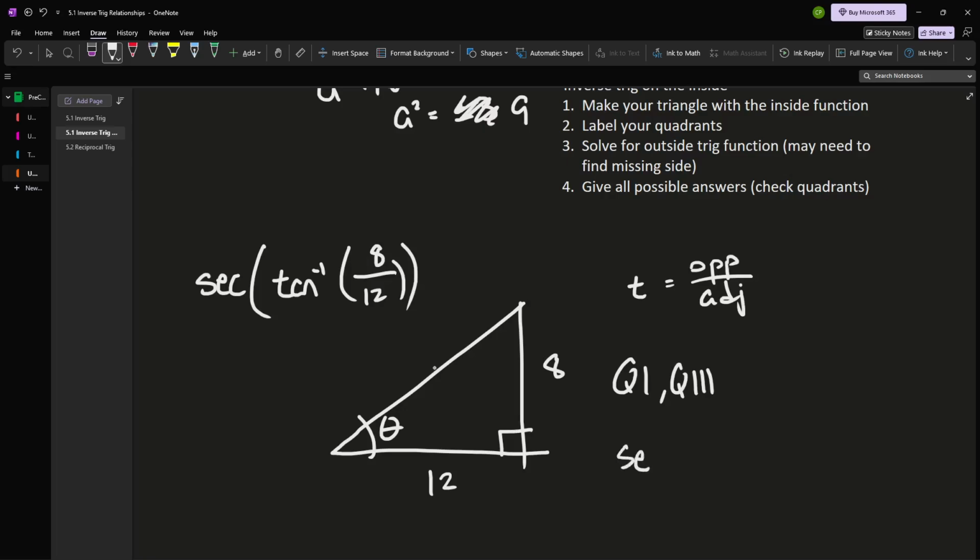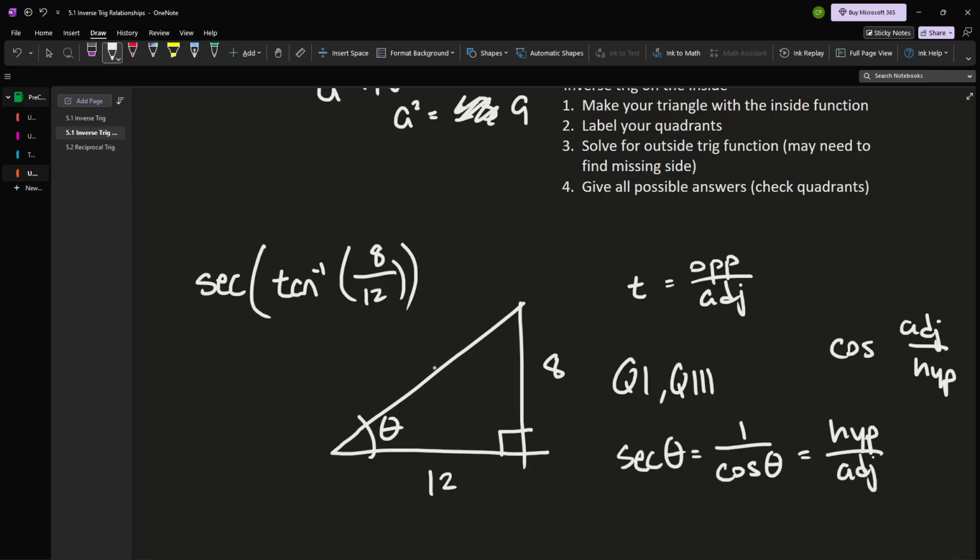Secant is actually 1 over cosine. If cosine is adjacent over hypotenuse, secant must be hypotenuse over adjacent. So I want to find hypotenuse over adjacent.